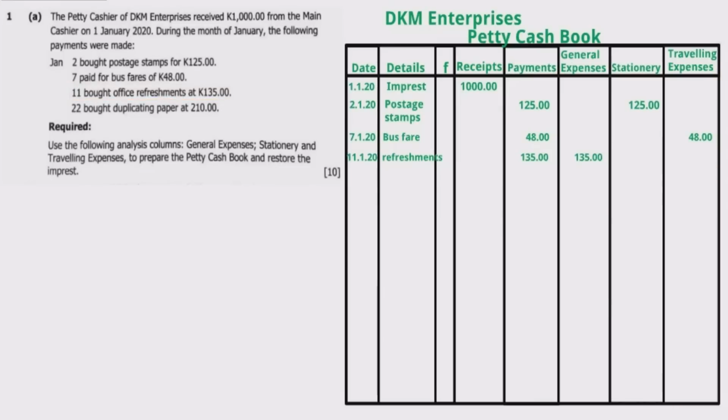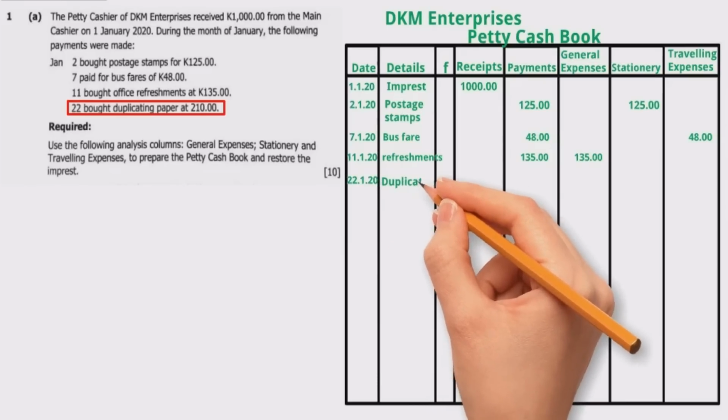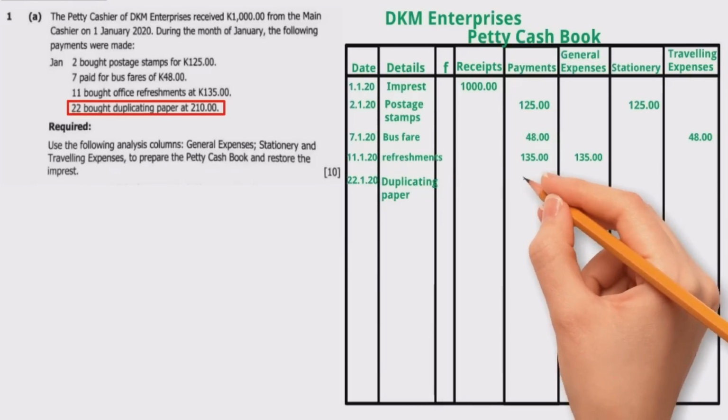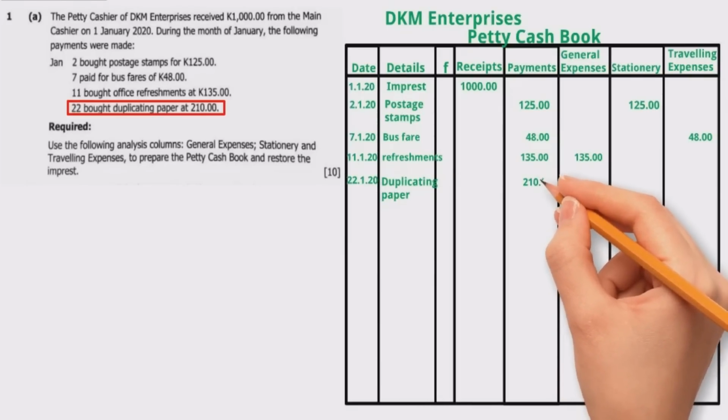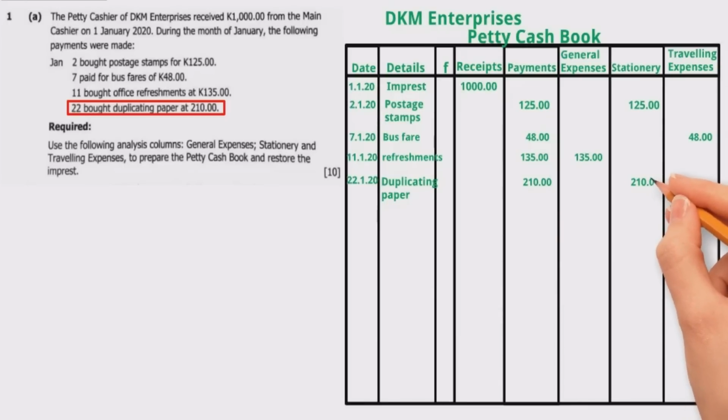On 22nd, she bought duplicating paper at 210 kwacha. So we write 22 January 2020, duplicating paper 210 kwacha, and that is stationery. We put it under stationery as well.